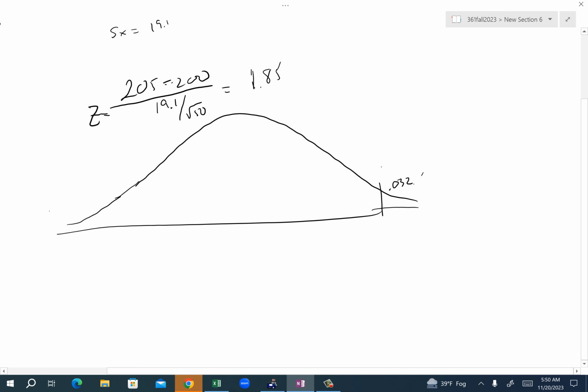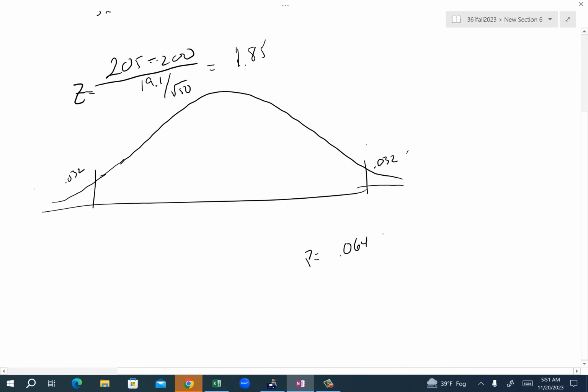This is a two-tailed test, so we need to have the 0.03 down here as well, which gives us a grand total of 0.064, which is our p-value. Remember, p-value is the probability that I saw what I saw given H naught is true, or according to our assumption. That is greater than alpha, so we're going to fail to reject H naught.